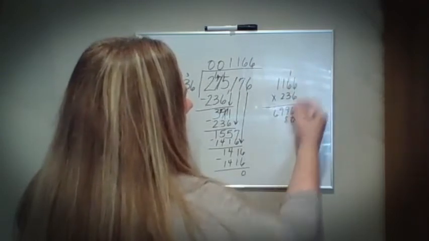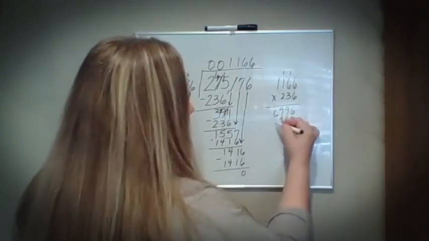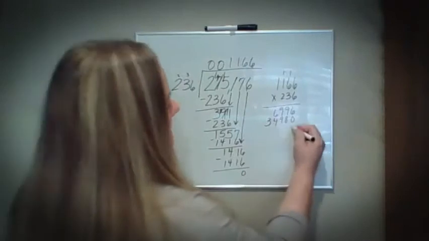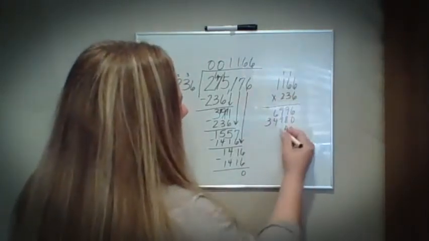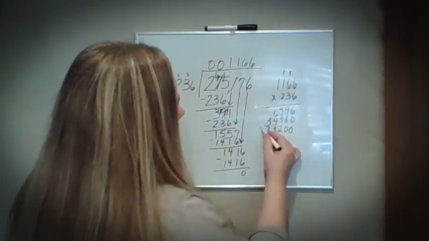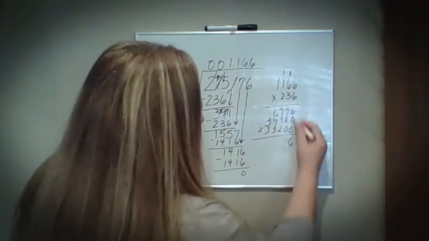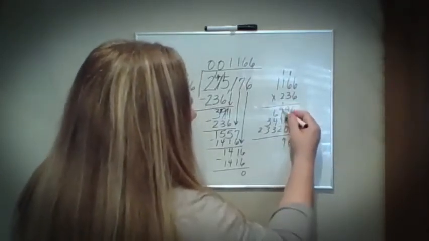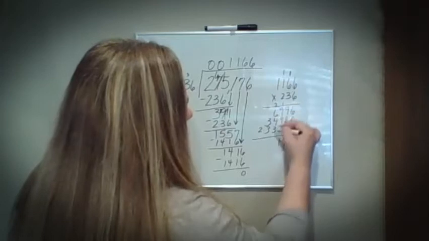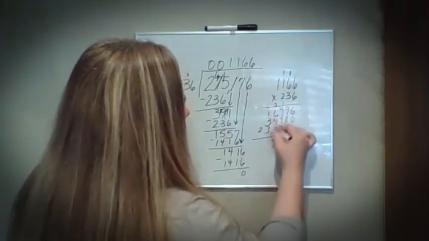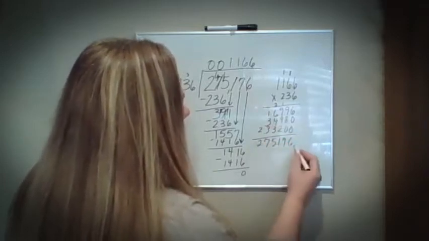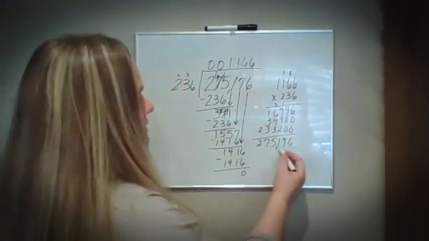18, 19, 4, 3. See, even I can make mistakes. 2 placeholders, 12, 13, 3, and 2. 6, 17, 18, 19, 20, 21, 10, 15, 3 plus 3 is 6, plus 1 is 7, and 2, 275,176.